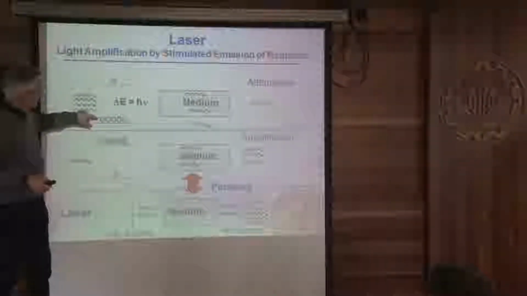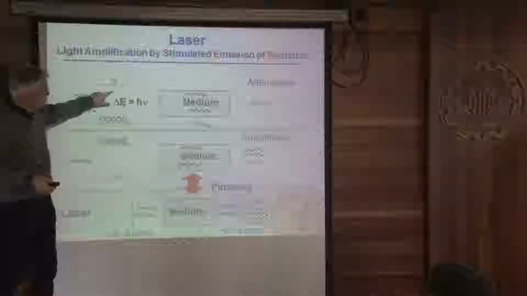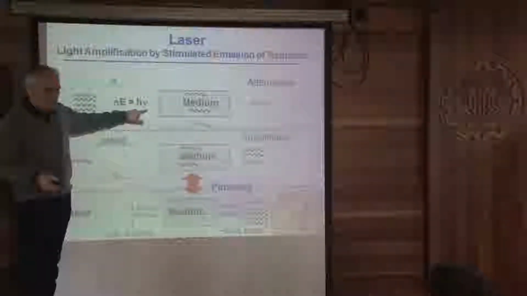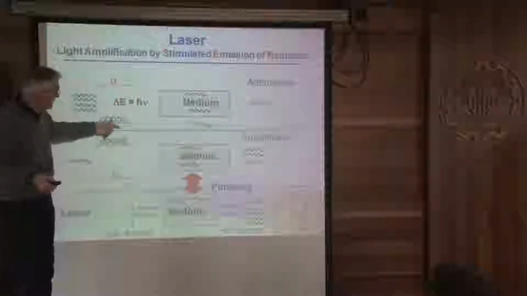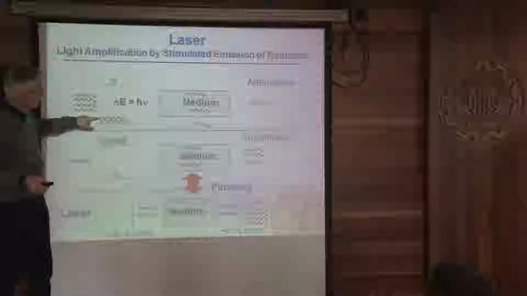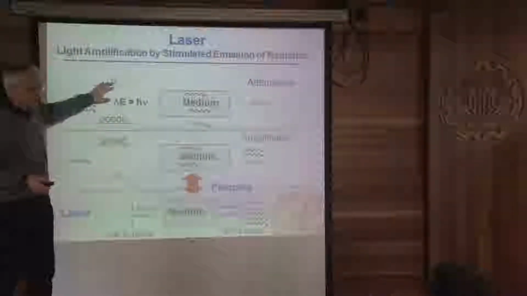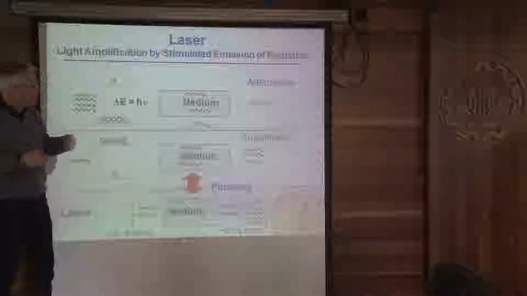And I said before, we have energy levels where the difference is given by Planck's constant times the frequency. Essentially, this has a certain wavelength. And normally you have, according to the Boltzmann distribution, a lot of molecules in the ground state, very few in the excited state. That's what normal media look like.